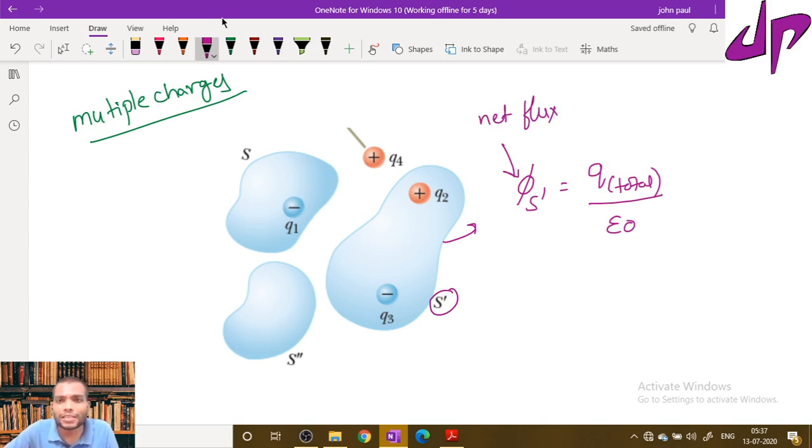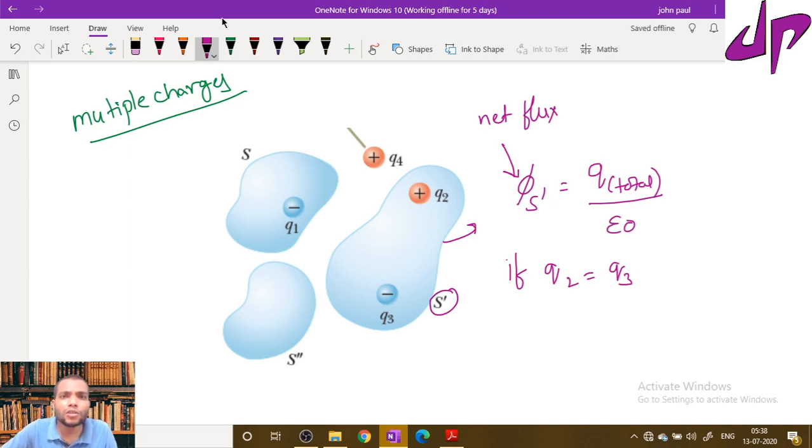Suppose in this case, if the magnitude of the charge Q2 is equal to Q3, only in this case, if you take the total charge, you can add the charges algebraically. So the total charge becomes 0, and obviously the total flux becomes 0.